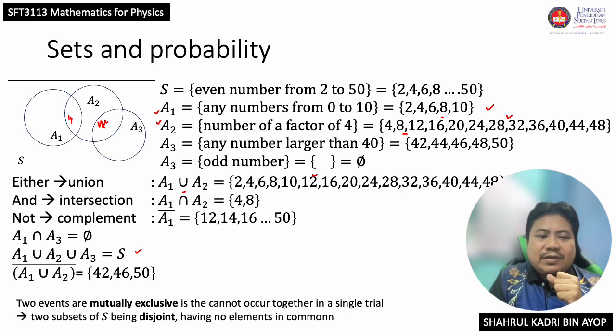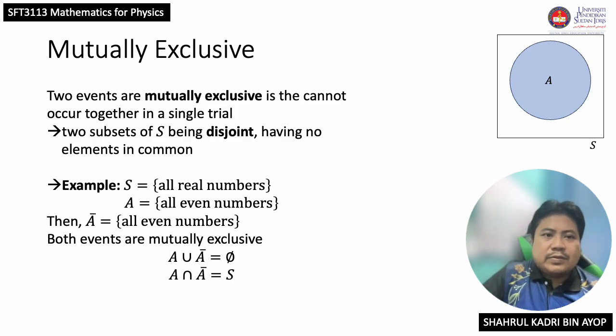Alright, so two events are mutually exclusive if they cannot occur together in a single trial. So that we will see in the next slide. Okay, so two events are mutually exclusive if they cannot occur together in a single trial.